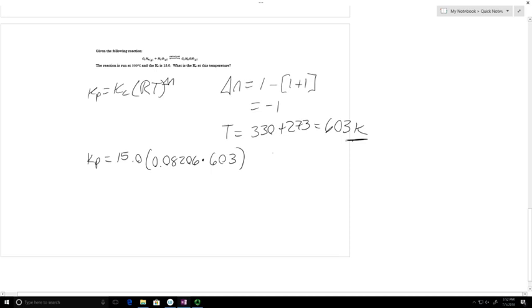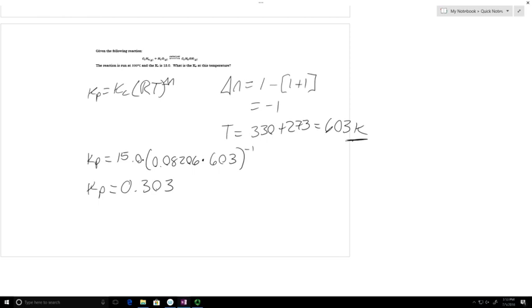If it was multiplicative, we wouldn't worry about it, but because it's additive, we do worry about it. So make sure you're converting to Kelvin. And then all this is raised to the -1. And if you plug it in exactly like it's seen here into your calculator, then your Kp will end up being 0.303. And that's all there is to it.